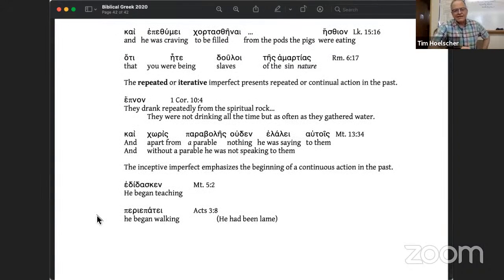Then the next illustrations that they give us, they give the repeated or iterative imperfect. So we have an action that's repeated or continual action in the past. So 1 Corinthians 10:4 is talking about Israel, and we just use the one word, says they drank, and then the rest of the text is from the same spiritual rock. Well, they weren't drinking constantly because they're moving around in the wilderness.